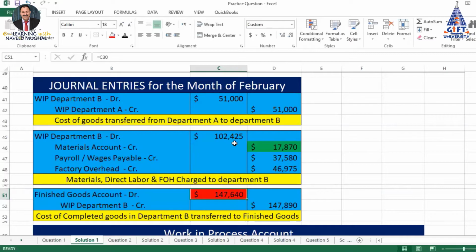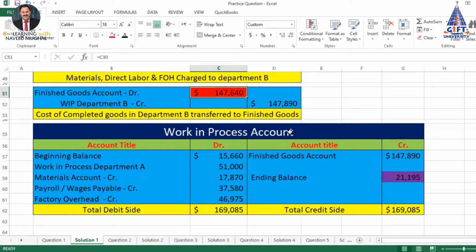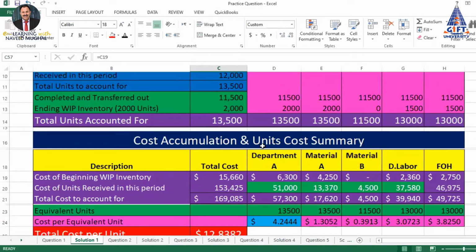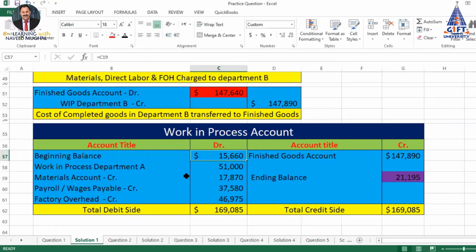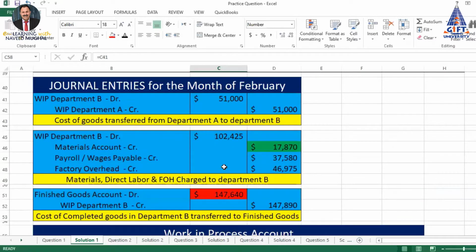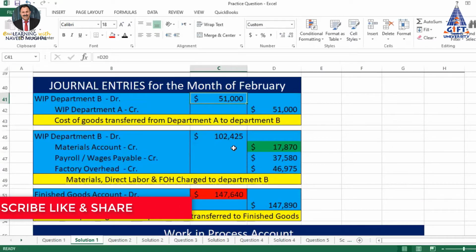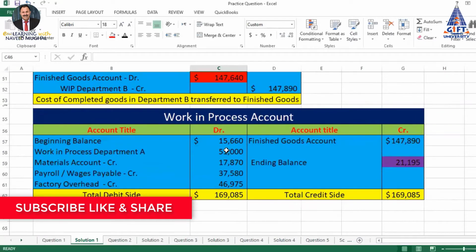When we post all this information in the work in process account, here is the form of the work in process account. We have the account title, that is the debit side, and the account title, that is the credit side. We have on the debit side the work in process beginning balance. The beginning balance is given in this table, that is 15,660. Then we have the work in process from department A, 51,000, and we will post these two entries on the debit side.